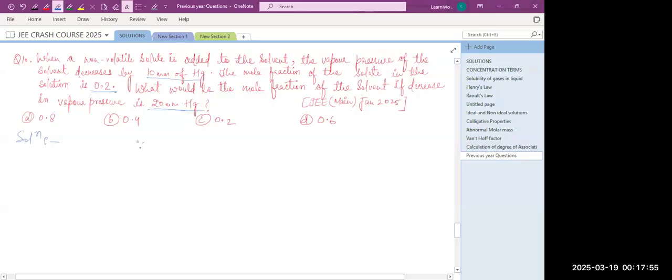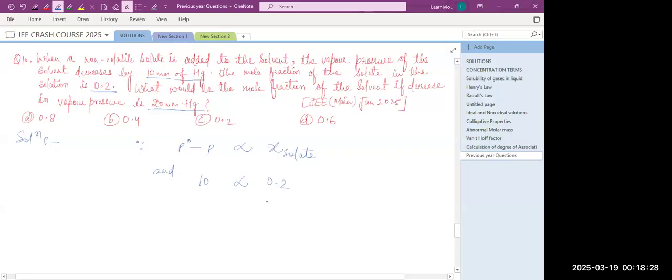Now see, we know that P naught minus P is directly proportional to x of solute, the mole fraction of solute, right? The vapor pressure is decreased by 10 mm of Hg, and at that time, the mole fraction of the solute in the solution was 0.2.